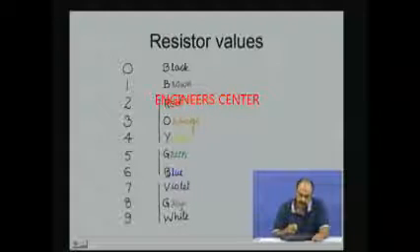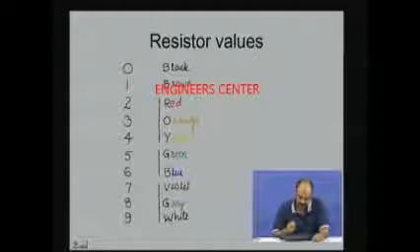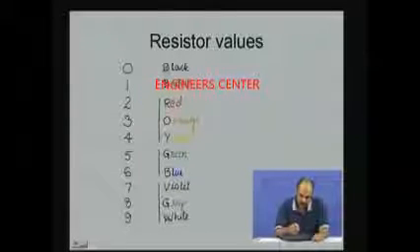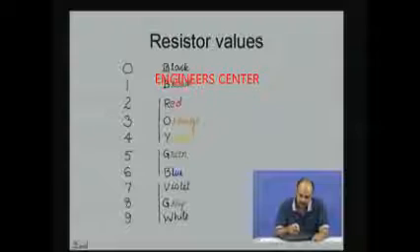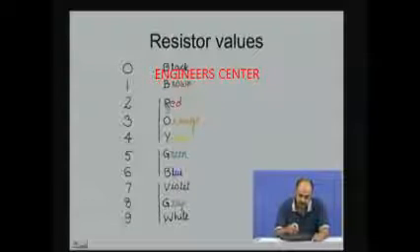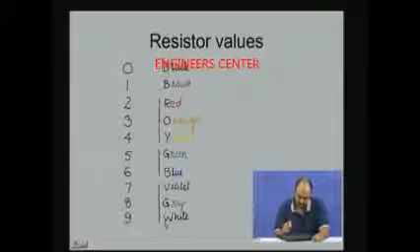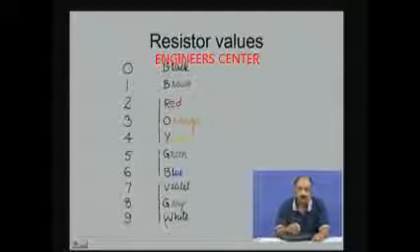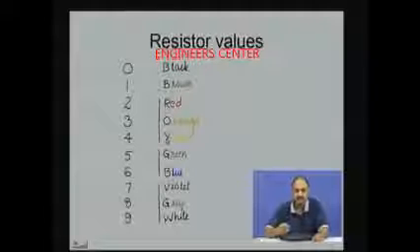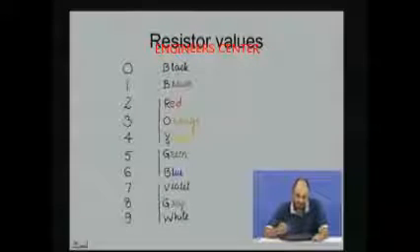GB is the short form for Great Britain, VGW is the short form for very good wine. So, you can remember the whole color code as BB ROY, Great Britain, very good wine, which will give you the sequence in which you can remember the color codes which represent the numeric values.